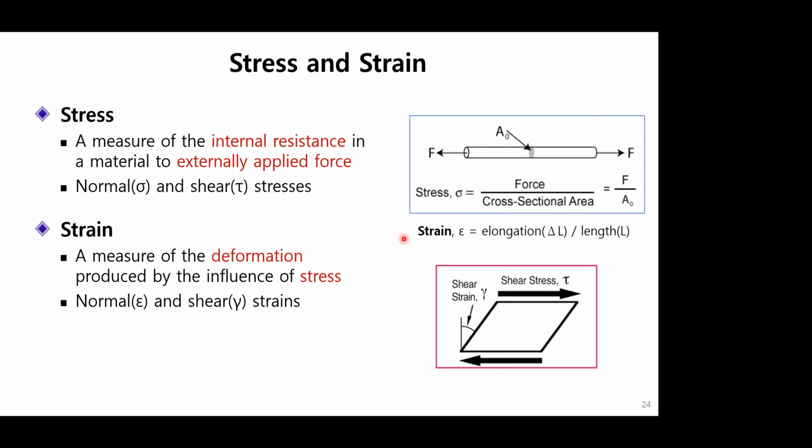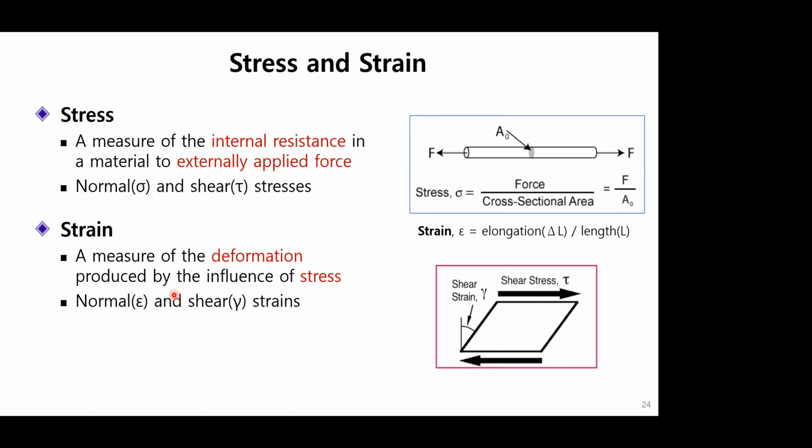Stress and strain are very important technical terminology. Stress is regarded as a measure of internal resistance of material against external forces. There are 2 kinds of stress: normal and shear stress.